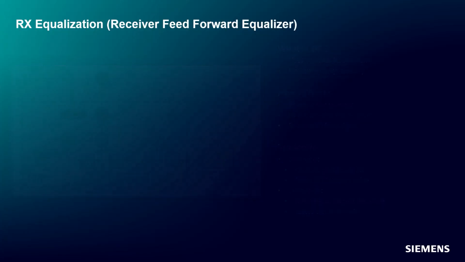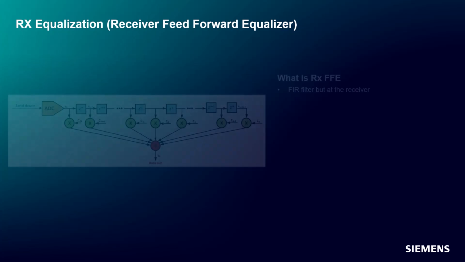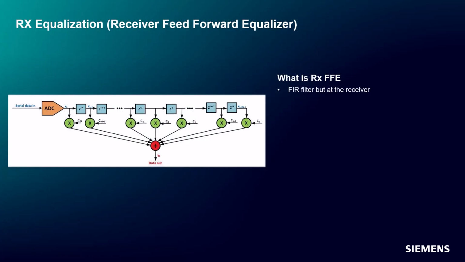In more advanced systems, especially at very high data rates, another equalizer is added on the receiver side. This is the receiver feed-forward equalizer, or RxFFE. Like the transmitter FIR, this is also a multi-tap filter, but instead of shaping the signal before transmission, it operates after the signal has passed through the channel.